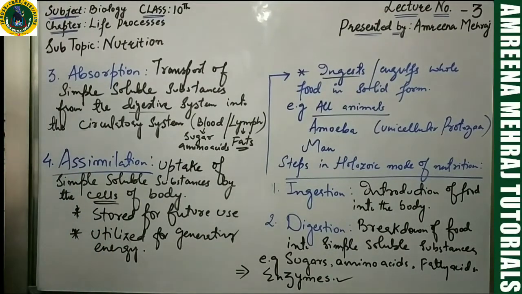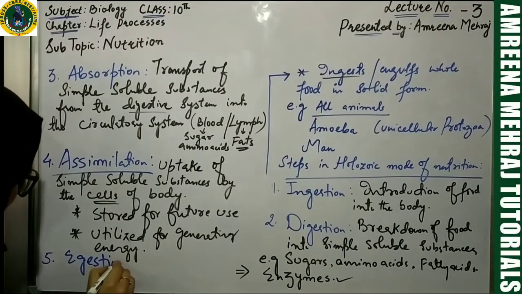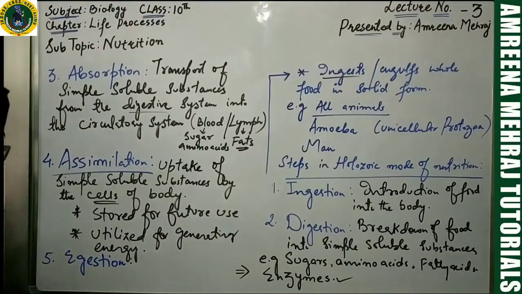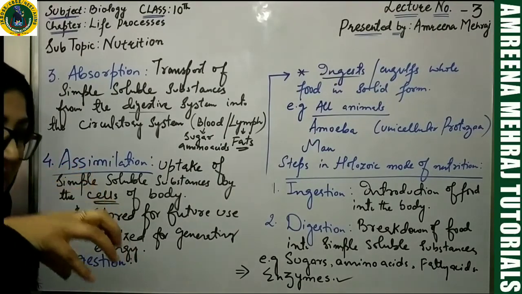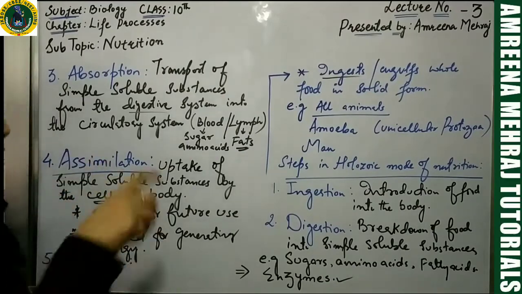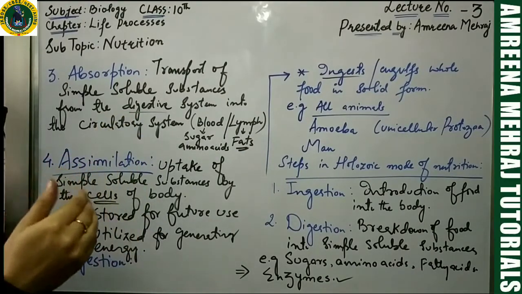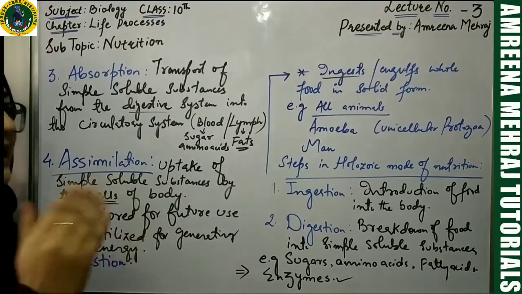Last but not the least, we have step number 5, that is the step of egestion. This was ingestion, this is egestion. You have some food in the digestive system which has not undergone digestion, which has remained undigested.